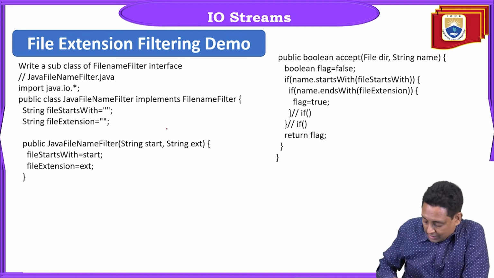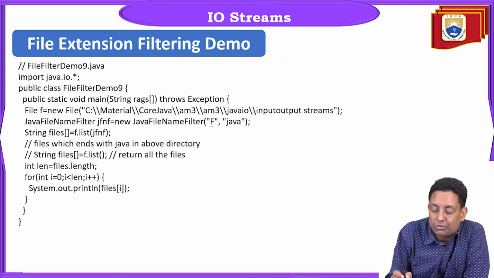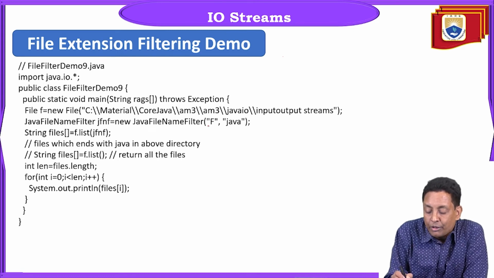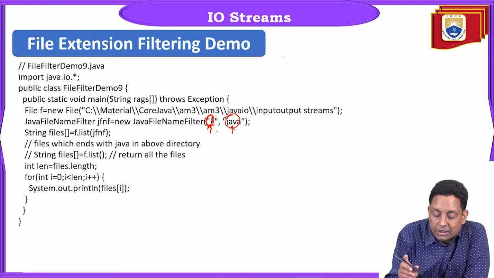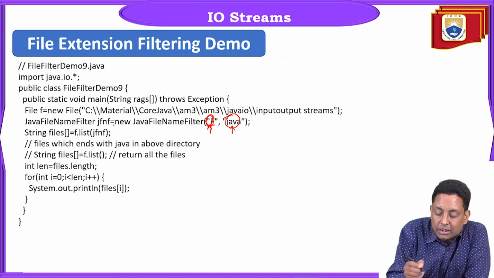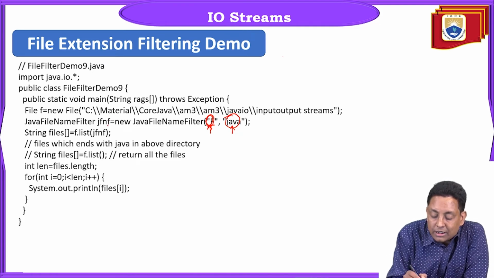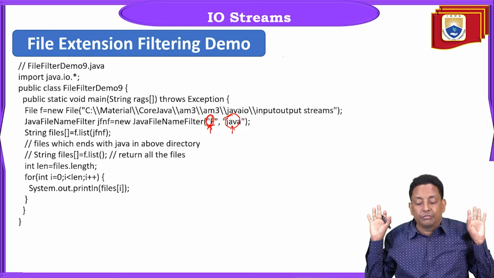In the JavaFileNameFilter class constructor, we are taking two arguments: which character the file name should begin with, and which extension the file should end with.